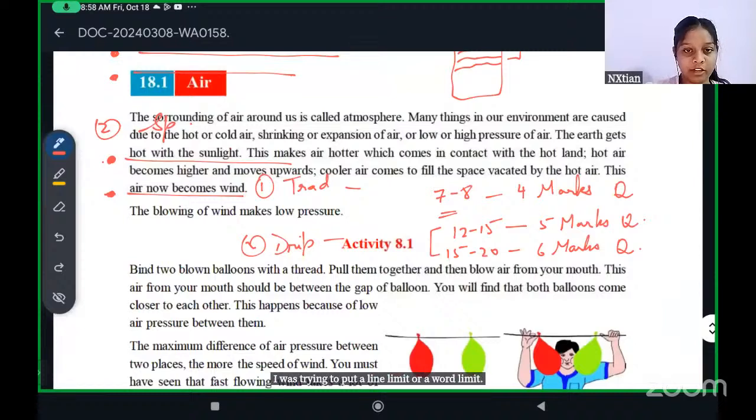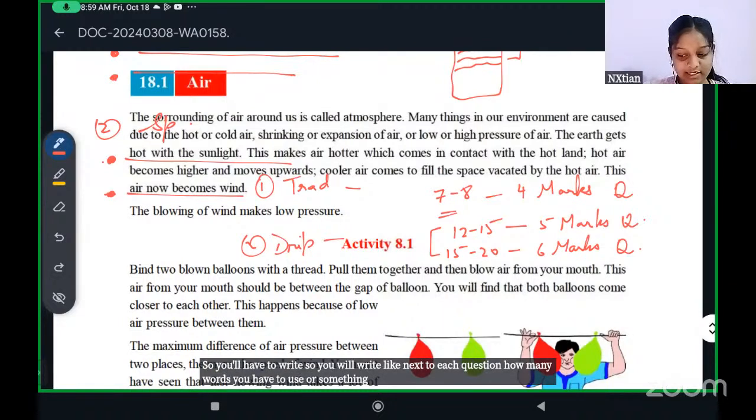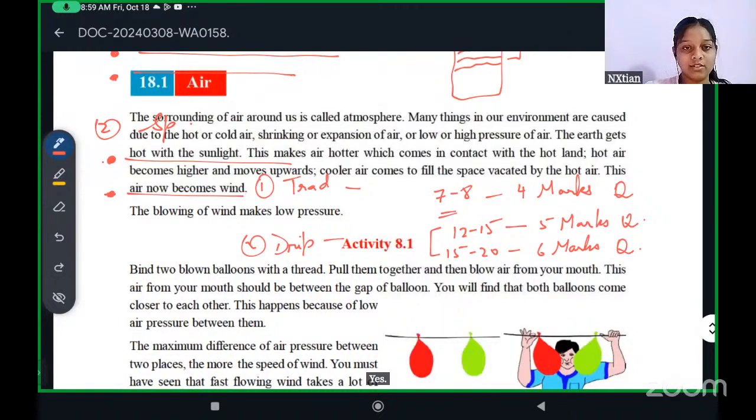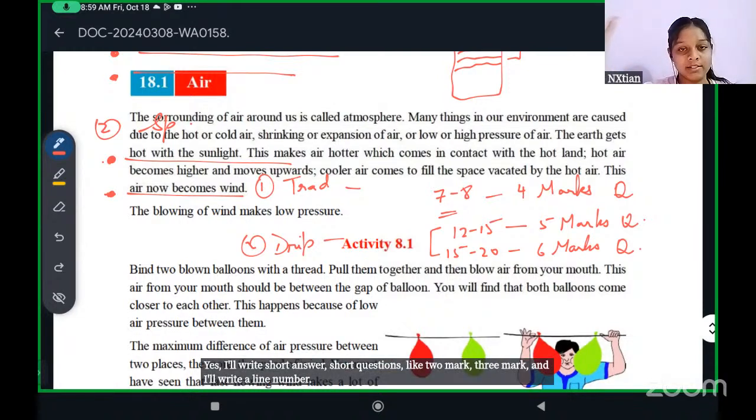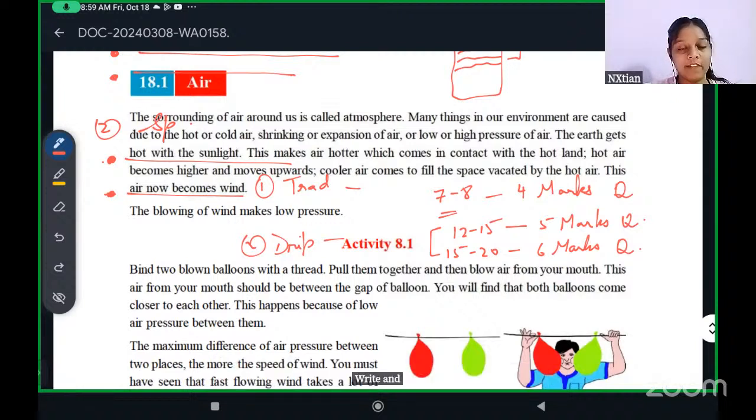So in the next paper, I'll try to put a line limit or a word limit for every answer, so you can answer them. So you will write, like next to each question, how many words or lines you have to use. For short questions like 2 mark, 3 mark, I'll write a line limit: write an answer in like 5 lines.